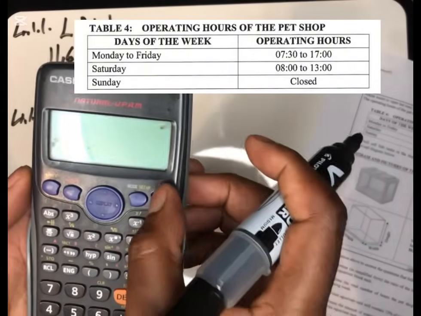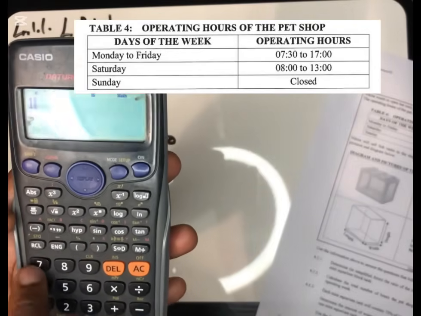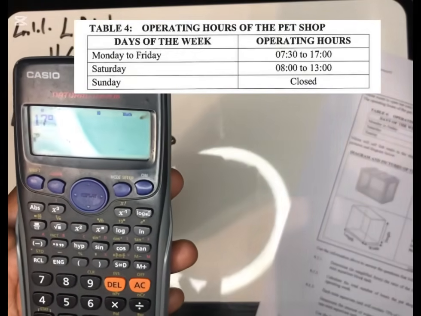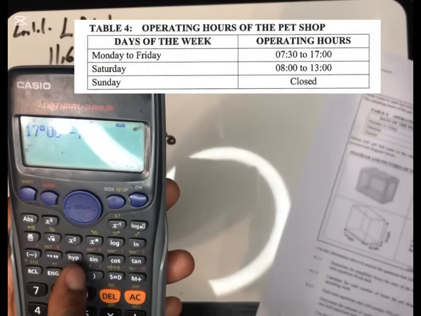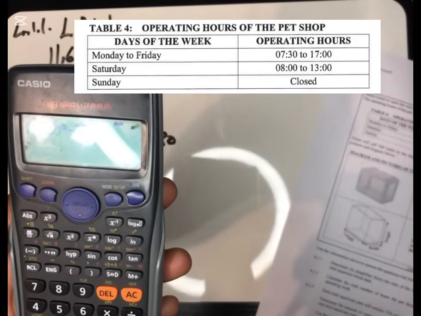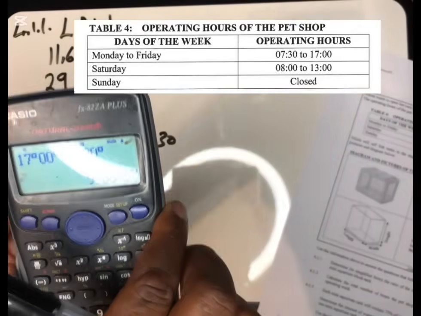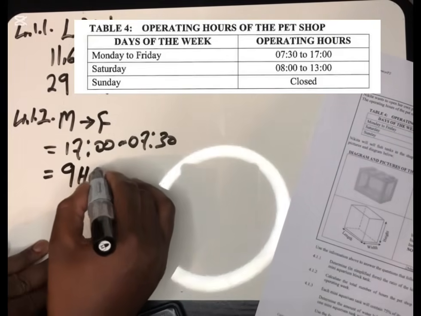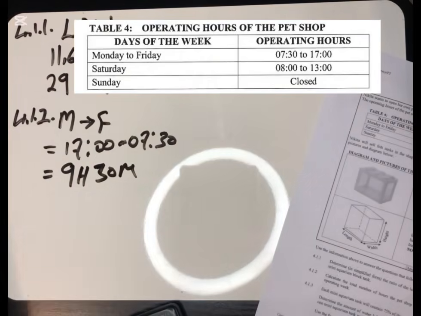So we take our calculator. We say 17, press this, then 00, press this, minus 7, press this, 30, press that. We can see that it's 9 hours 30 minutes. People, don't forget this is for 1 day, and we have 5 days.